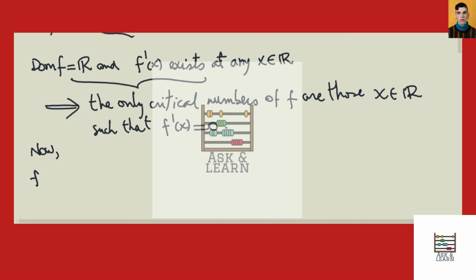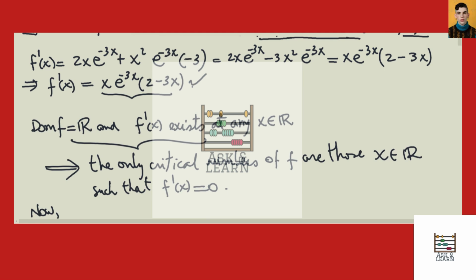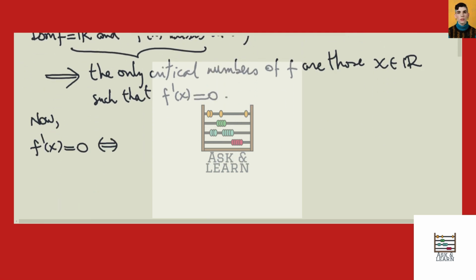But now we start with this equation, first derivative of f equals 0. That's the same as saying that this formula here is 0, that is x e to the negative 3x times 2 minus 3x equals 0. And this is equivalent, in fact, to x equals 0 or 2 minus 3x equals 0. That is because this factor here is not 0 for any real number.